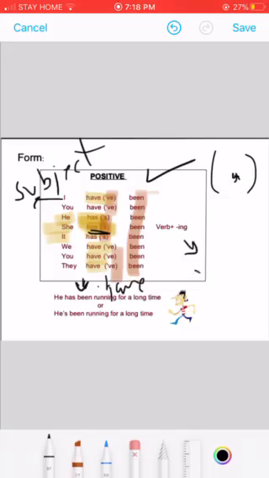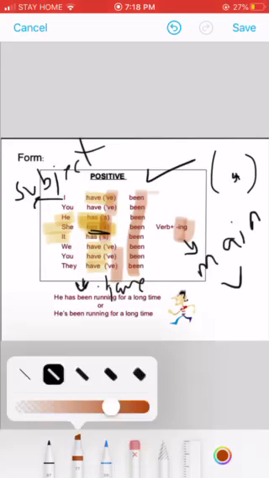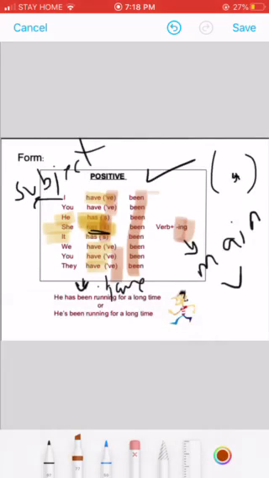This is the main verb. فعل رئيسي. We add ing to the main verb. For example, he has been running for a long time. Look at the abbreviation: he's been running for a long time.